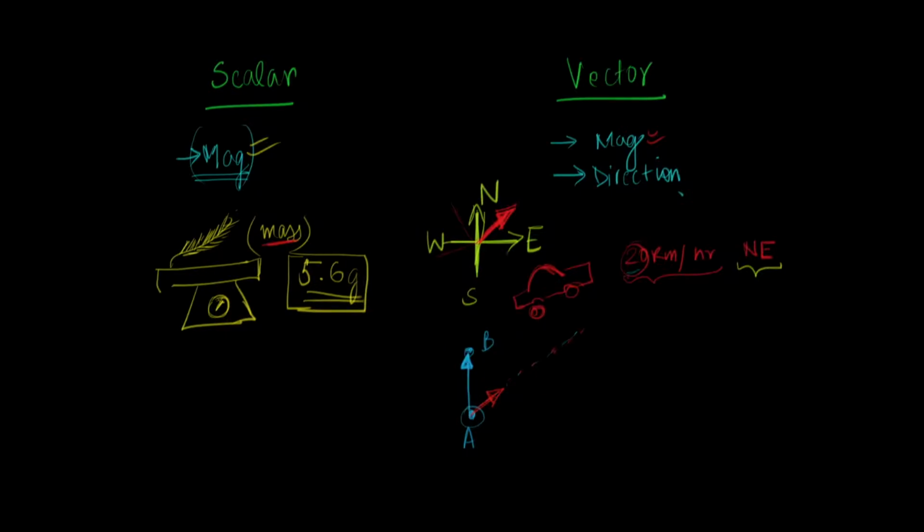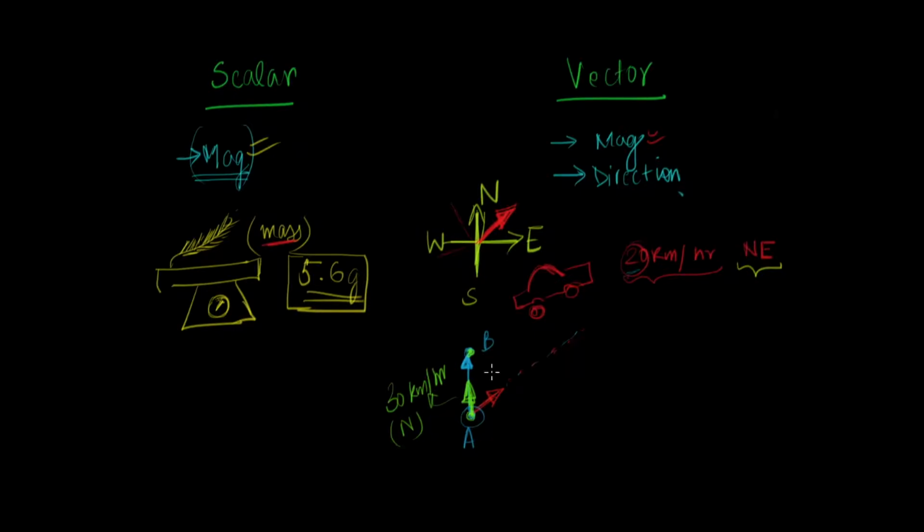Now, if we had another car, say a green one here, which were moving in the northern direction, with a velocity of 30 kilometers an hour in the northern direction, then this car would reach B. And so it differs from the dynamics of the first car.